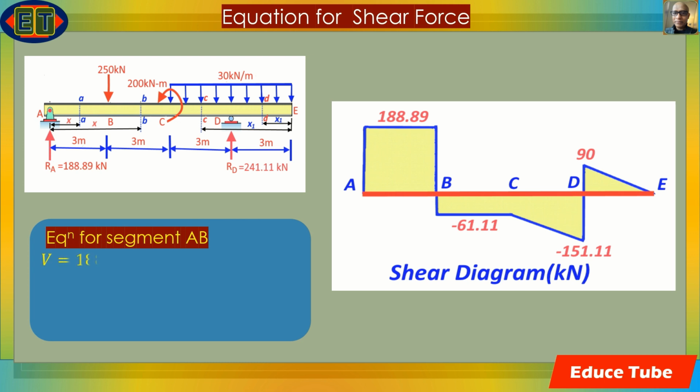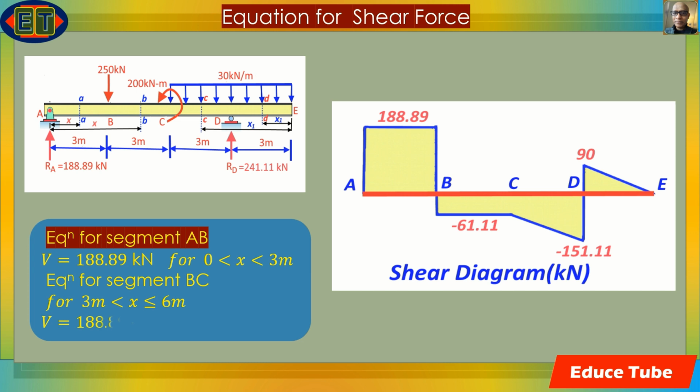Now we have to find the shear. What is shear? Shear is defined as the algebraic summation of the forces to the left or to the right of any section that are perpendicular to the axis of the member.